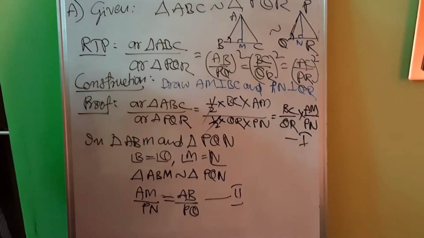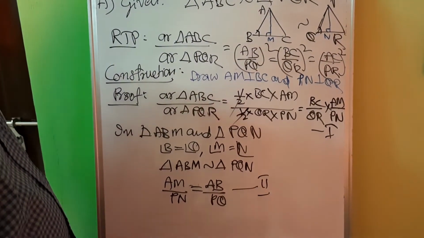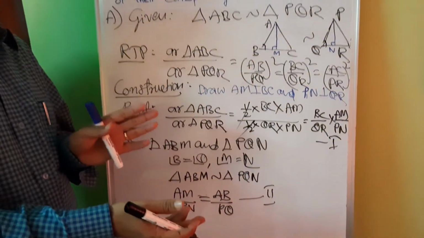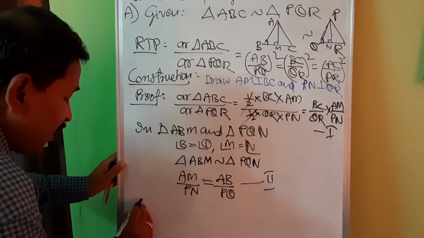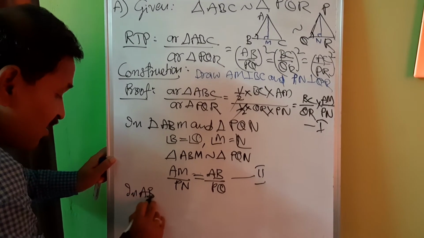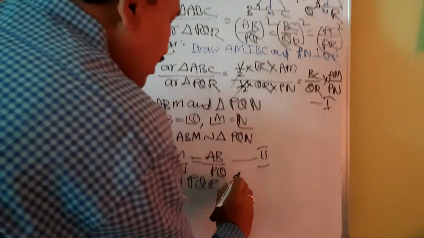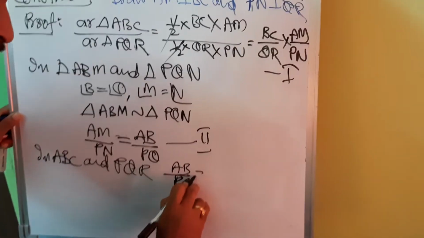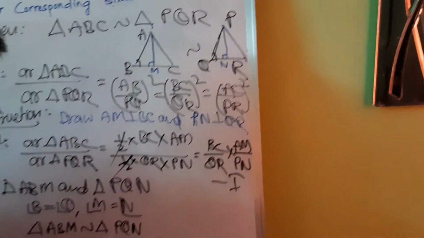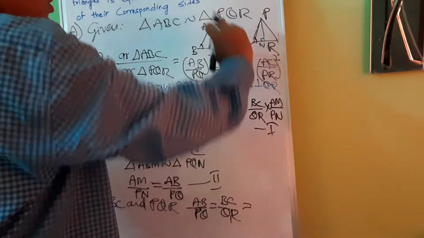And next, ABC and PQR are similar triangles. Then the ratio of the corresponding sides are equal. That means AB by PQ is equal to BC by QR is equal to AC by PR.